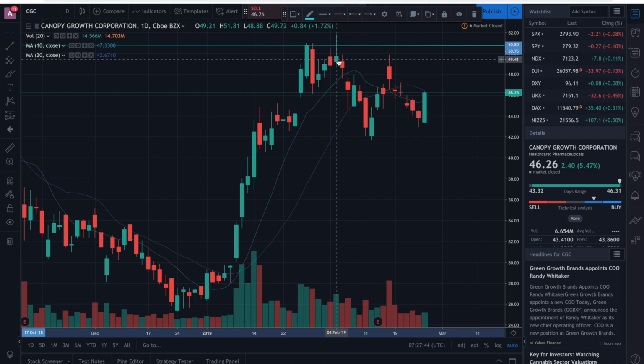The stock attempted to break above this resistance line, it looks like on February 4th, but did not have enough bullish volume. Therefore, it got pushed back down and closed at 49.72.